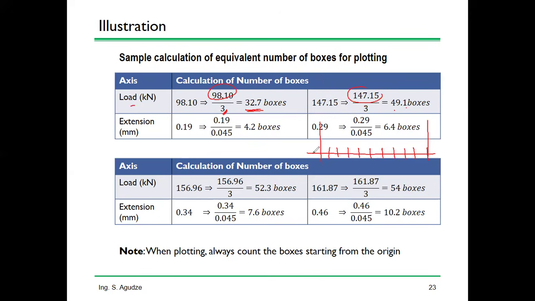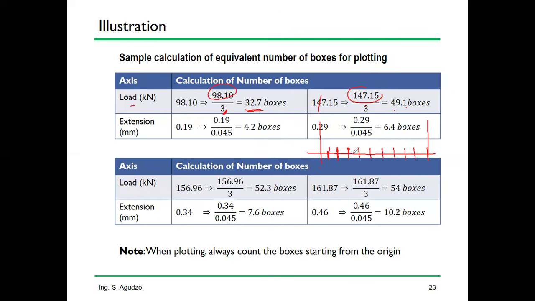So this is the big box, subdivided into 10 parts. Now, if you get 2 boxes, it means this is 1 and this is 2. So it will land here. If you get 3 boxes, it's going to land here. Anything point something means it's less than 1 box, right?